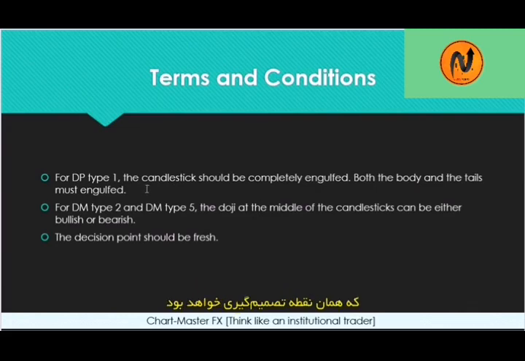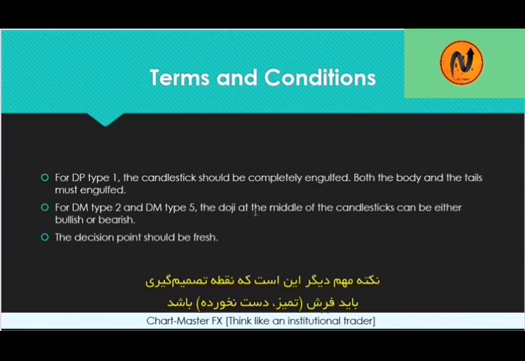So for DM type 2 and DM type 5, there should be a doji at the middle of the candlestick, so that you can be able to qualify it as a Dabel Maru that is significant. So it can be either a bullish or a bearish, as we stated.